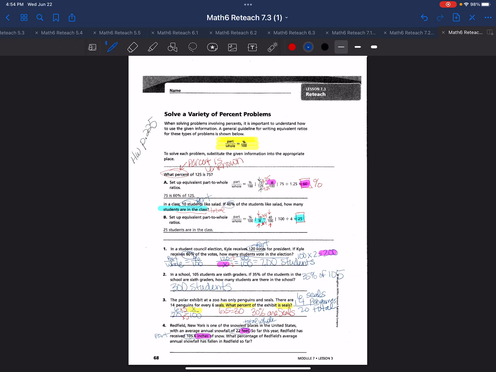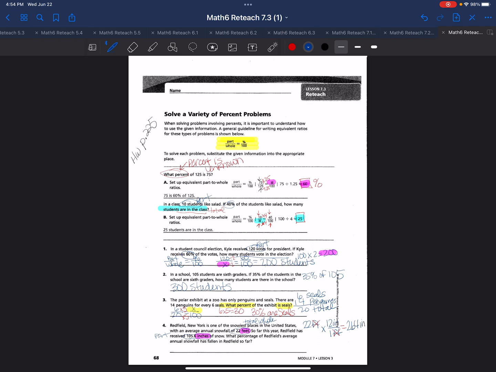So one of the first things I have to do is we need to convert, just like we did in Module 6. So I would do 22 feet times 12 inches is 1 foot. And then go ahead and cross out the conversion and then multiply. So I have 22 times 12, which is 264 inches.